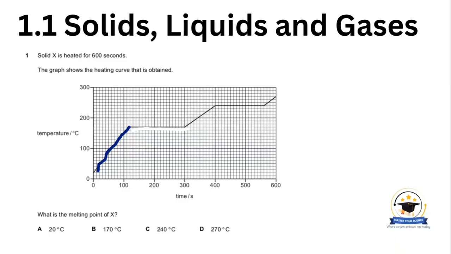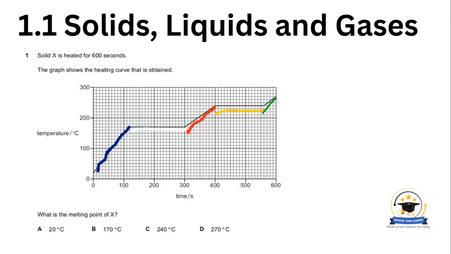Since the substance is melting, we have a mixture of solid and liquid. Between 300 and 400 seconds, the substance is a liquid. Between 400 and 560 seconds, the substance is boiling and we have a mixture of liquid and gas. Then between 560 seconds to 600 seconds, the substance is a gas.